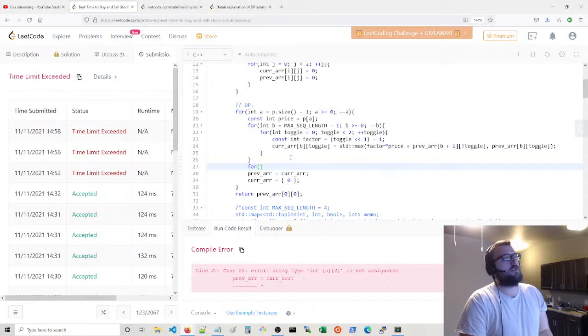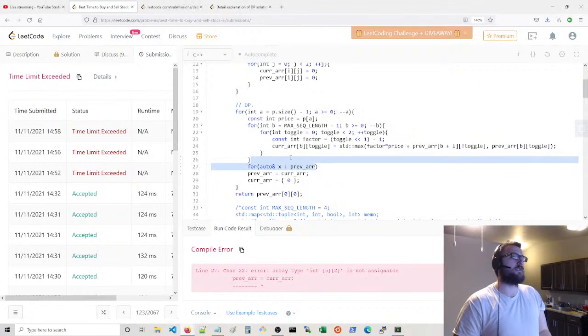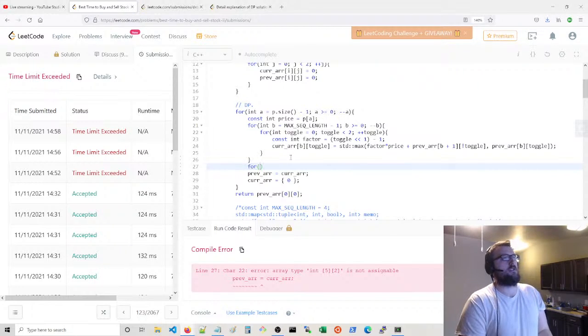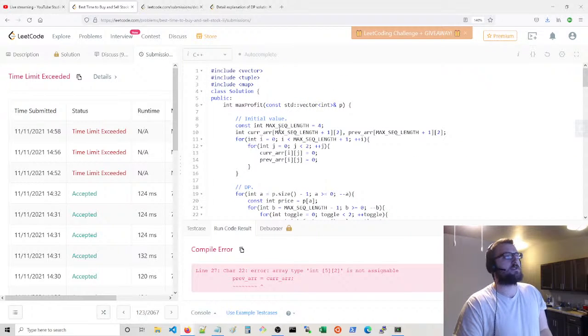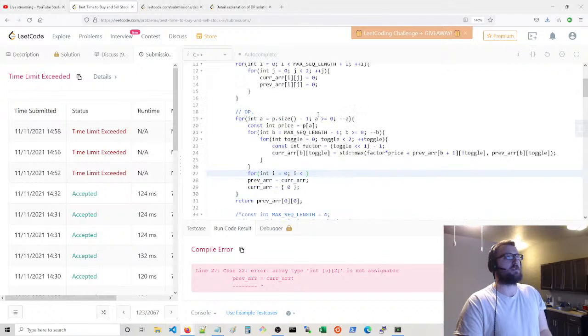So we can just say for auto reference x previous array. We shouldn't do it that way, I think. Int i equals 0, i is less than the length of the previous array. These arrays are max sequence length plus 1.